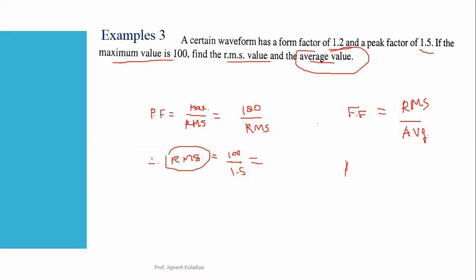So average value is given by RMS, that is 66.66 or 67, divided by form factor. Form factor is 1.2. So what is your answer? 55.55.